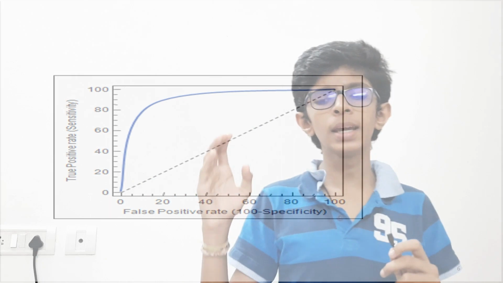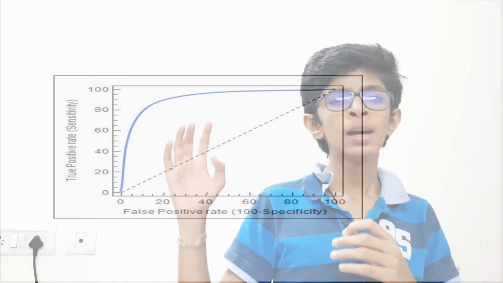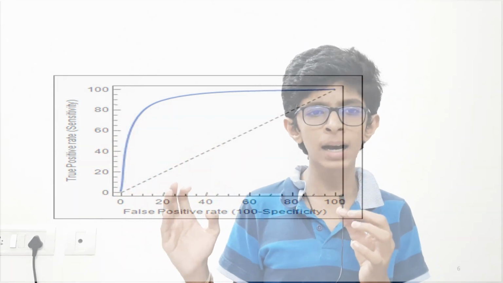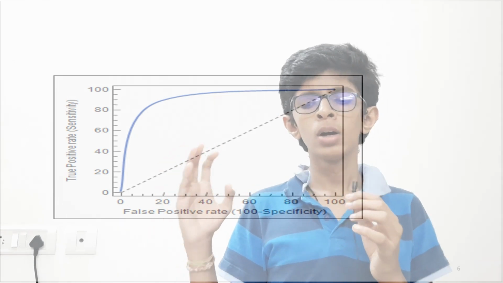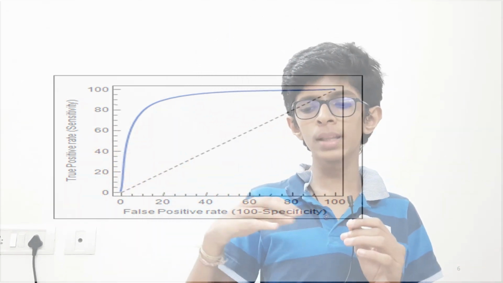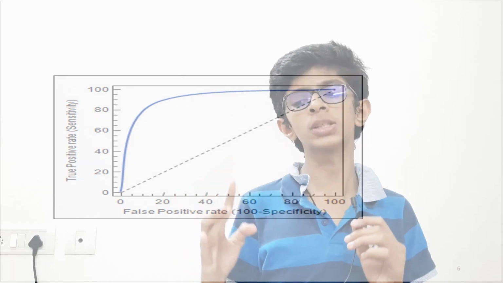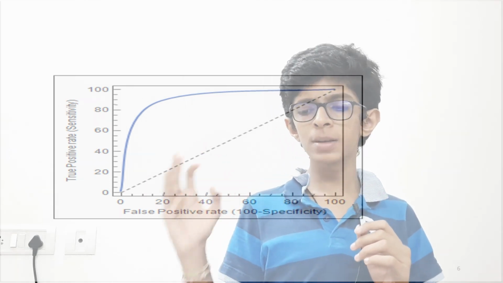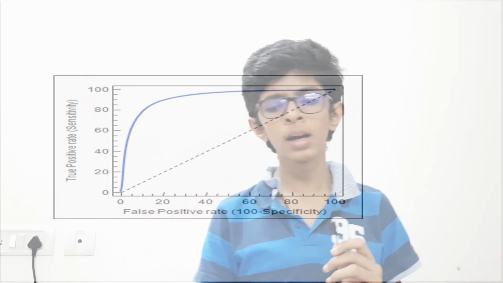And here we show a table which depicts the true positive rate, sensitivity, on the y-axis, and on the x-axis the false positive rate, 100 minus specificity.